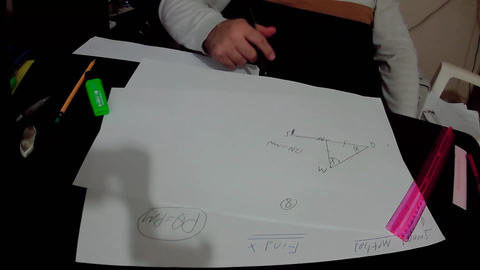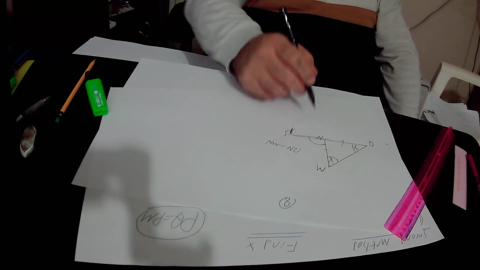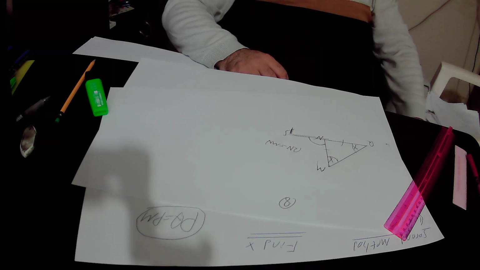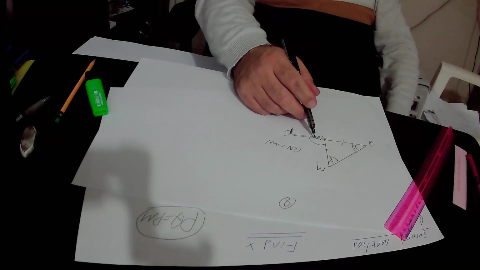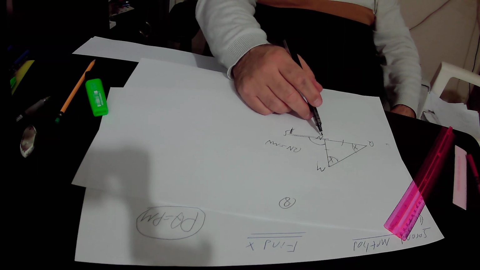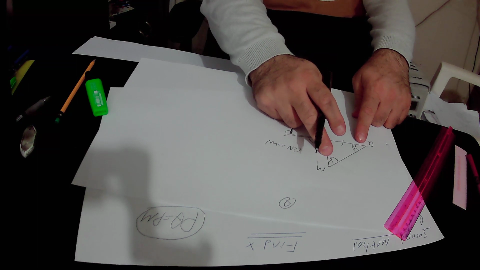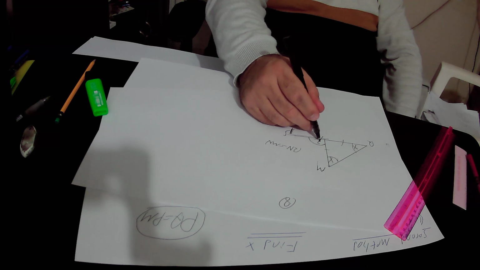So angle MNS is an external angle of triangle QMN, and according to rule number 4, the value of the external angle MNS equals the sum of the two angles that are not adjacent to it. The two angles that are not adjacent to it are those two angles, that is to say x plus x, that is 2x.